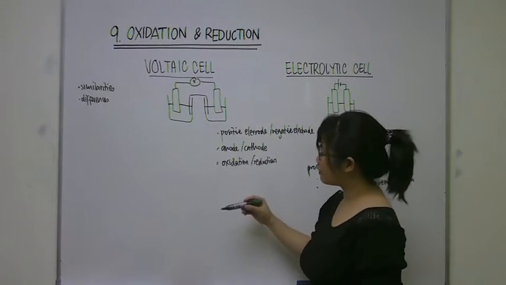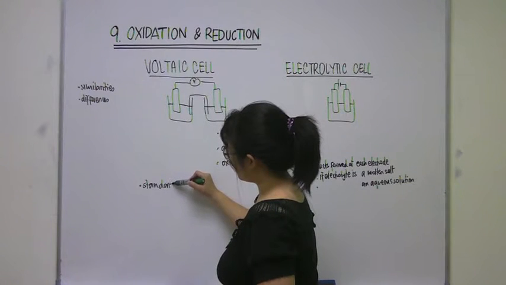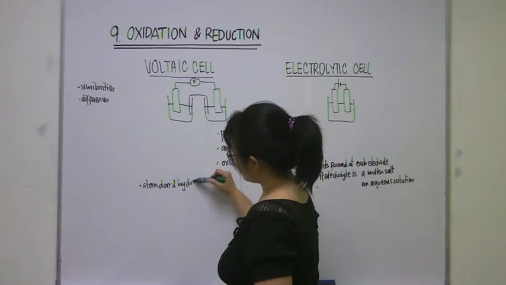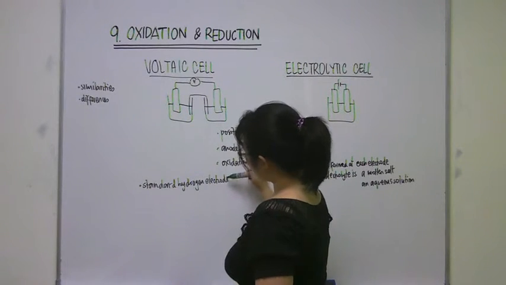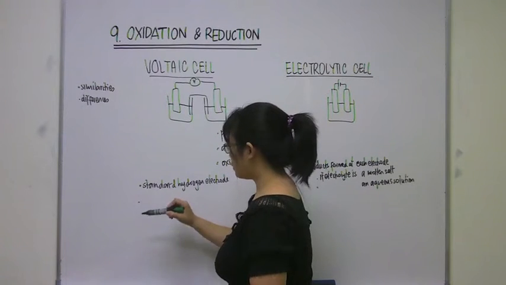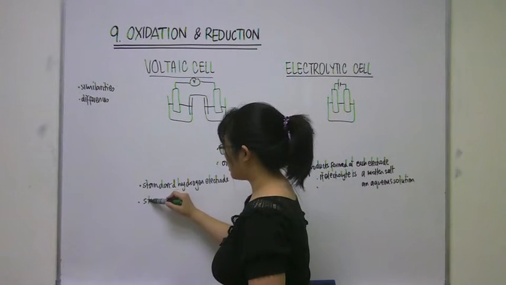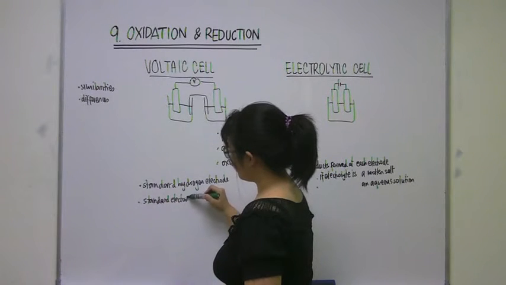But for higher level, they need to learn about the standard hydrogen electrode, so they need to be able to draw the standard hydrogen electrode. They need to know the standard electrode potential.